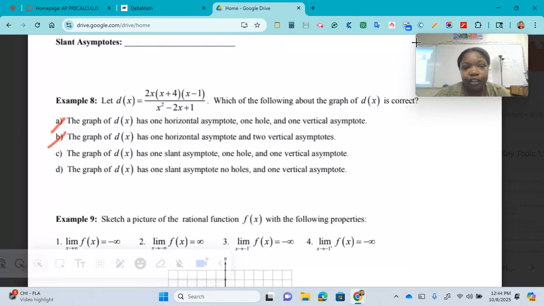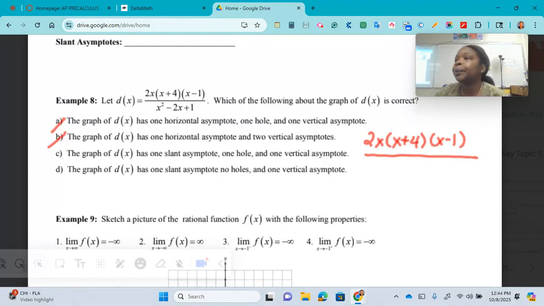All right. So we have the top already factored, 2x, x plus 4, x minus 1. We need to factor the denominator. Two numbers that multiply to give us 1 and add together to give us -2. Excellent.